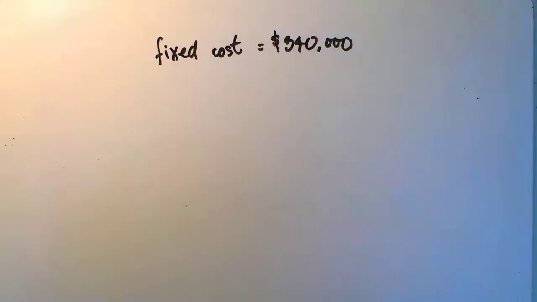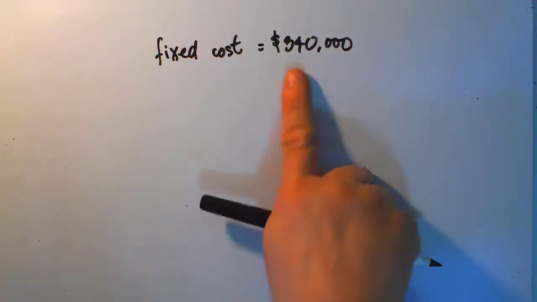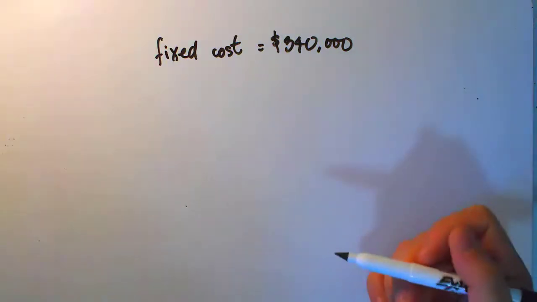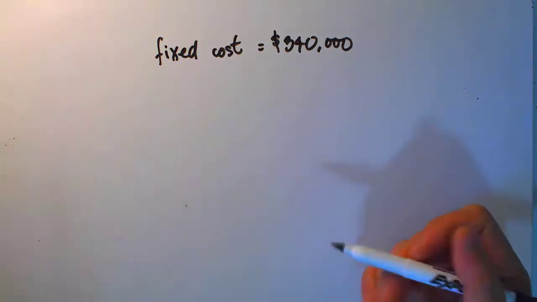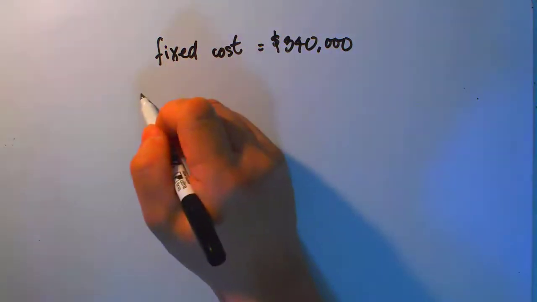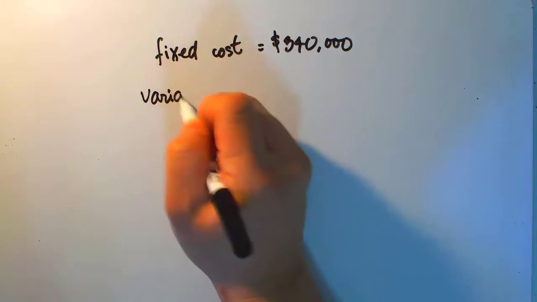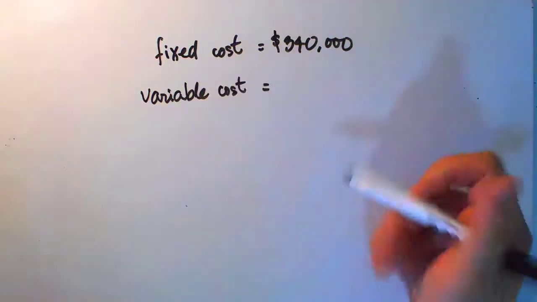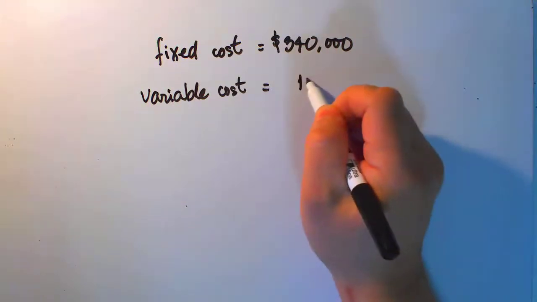That could be paying for the factory, the facilities, electricity to run their company, and so on. Actually, labor should not be part of fixed cost here. It could be part of the variable cost. And then, as I'm about to get there, the variable cost for this problem is $140.